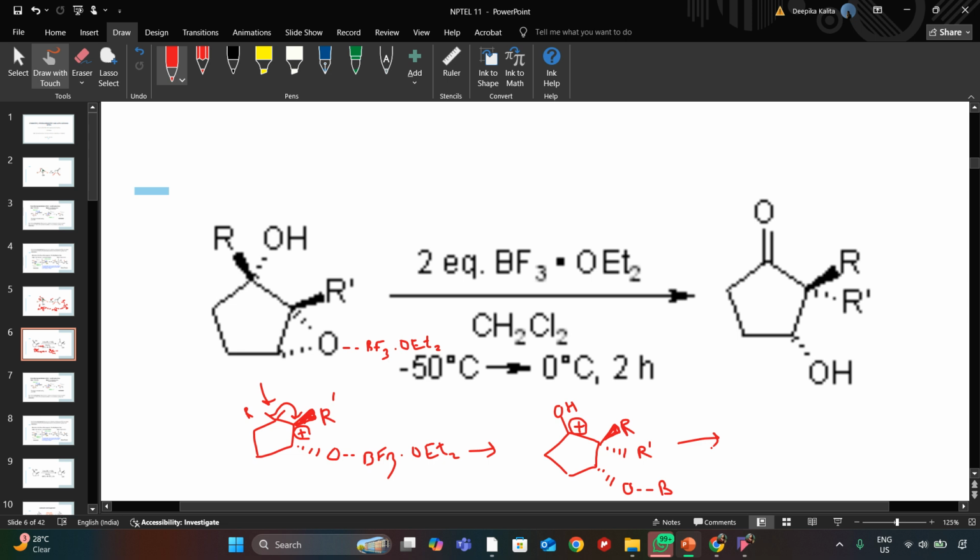Then, after getting this second carbocation, the oxygen is going to donate its lone pairs to give us the oxonium ion. And that oxonium, after deprotonation, is going to give us the final keto product, in this case, beta hydroxyketone.